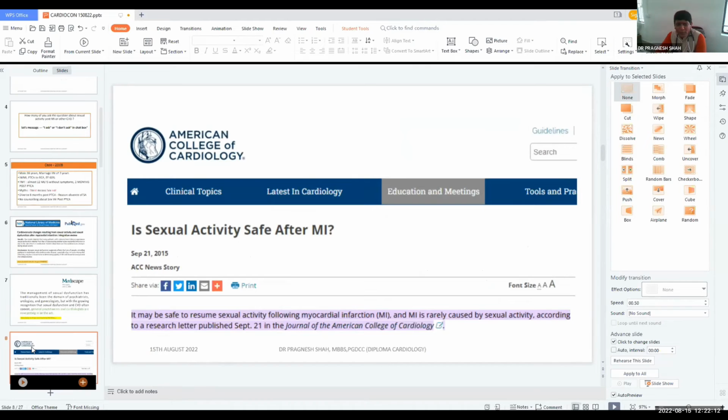In one 2015 article of the American College of Cardiology, they said that it may be safe to resume sexual activity following myocardial infarction, and MI is rarely caused by sexual activity, according to research published again in September 2021.